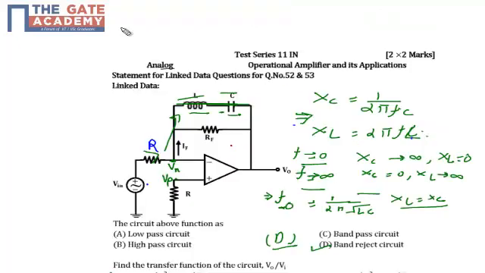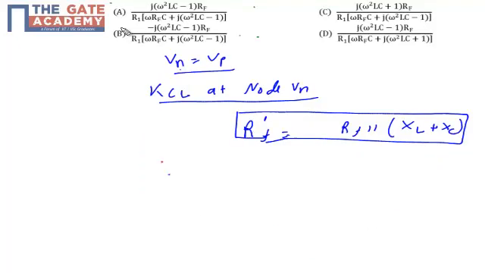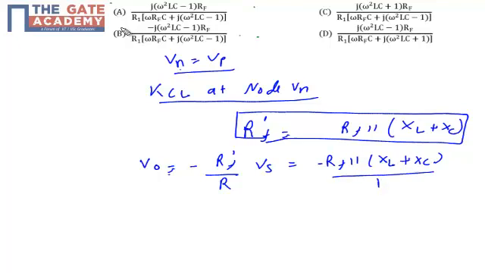Without applying KCL, I can directly apply the inverting amplifier formula. My V0 will be equal to minus RF dash by R into Vs, which is minus RF parallel (XL plus XC) by R times Vs.